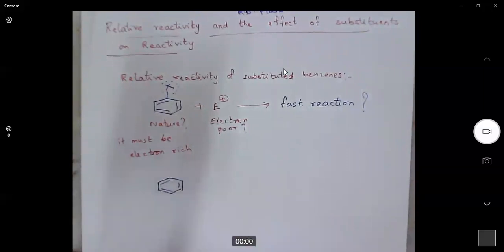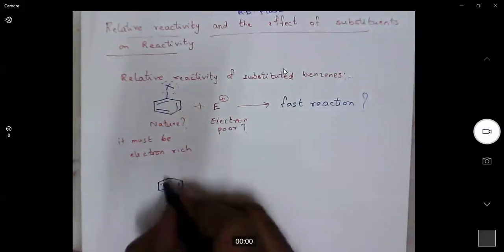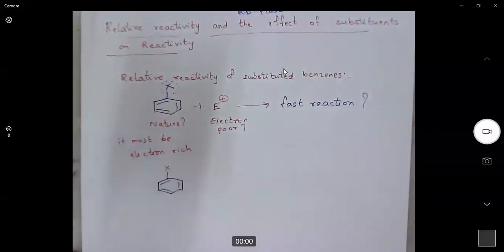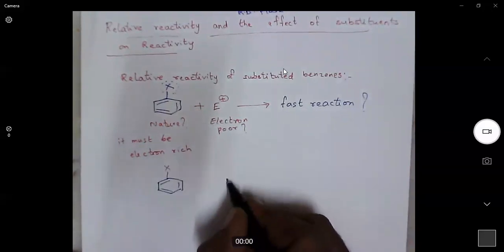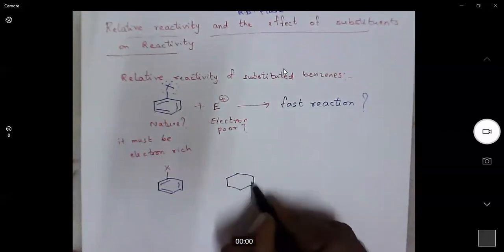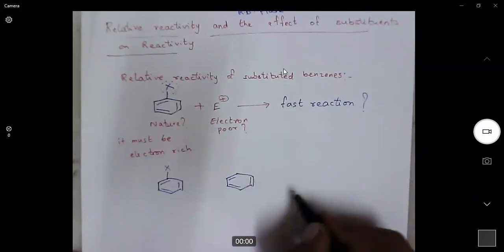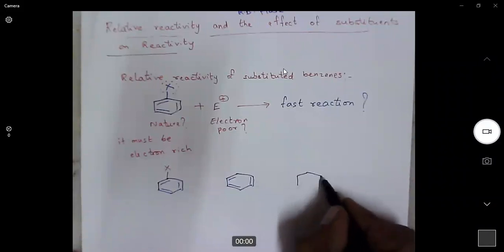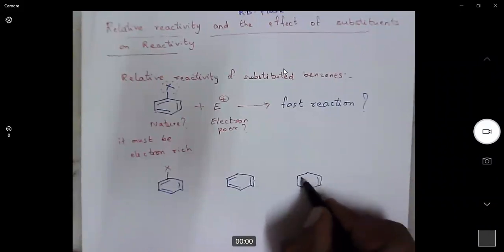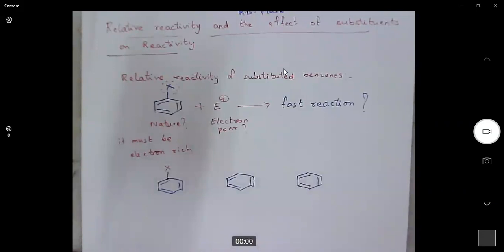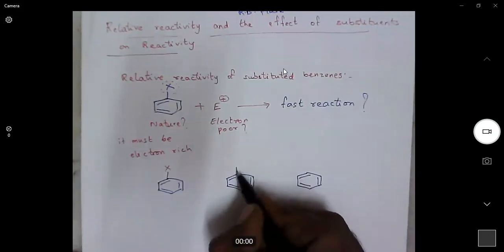Now, we have 2 different substituents. One is electron donating substituents. Another one is electron withdrawing substituents. Now, you tell me, when a benzene ring becomes electron rich system, when a benzene ring becomes electron poor system.